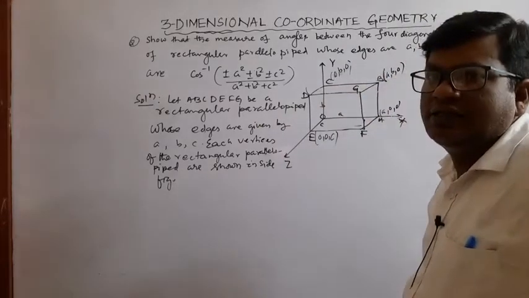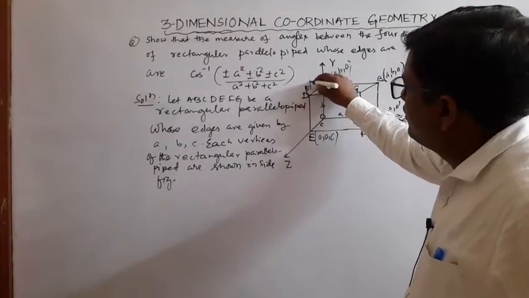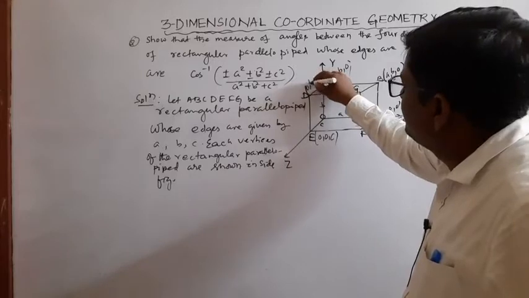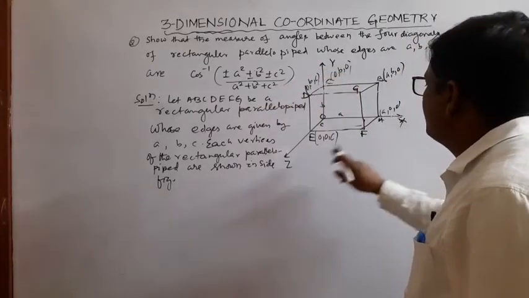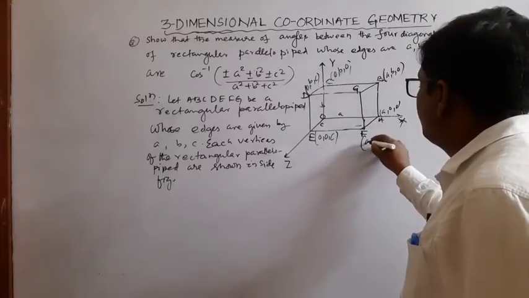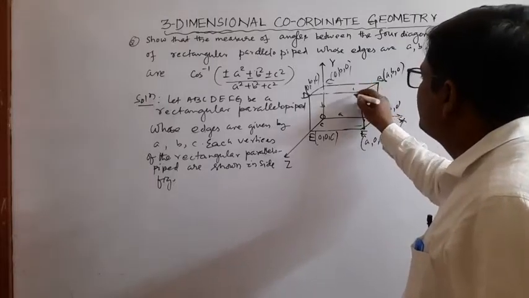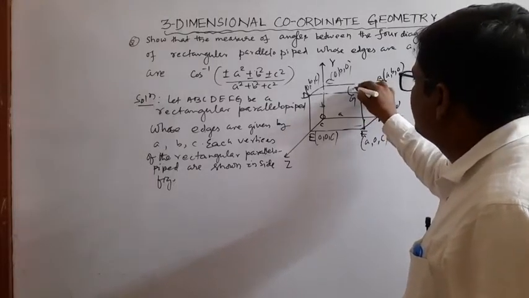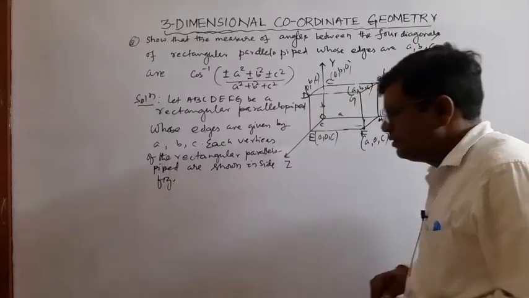And this is in the yz plane, so the point is 0, b, c. Okay, then this is the xz plane, so the point F is a, 0, c. This point G is in space, so this is a, b, c. Okay, now here the diagonals.